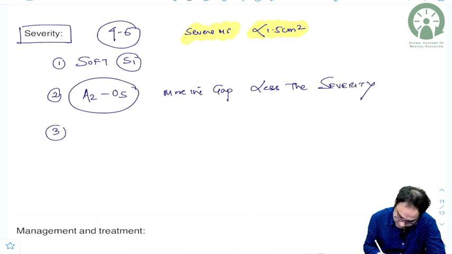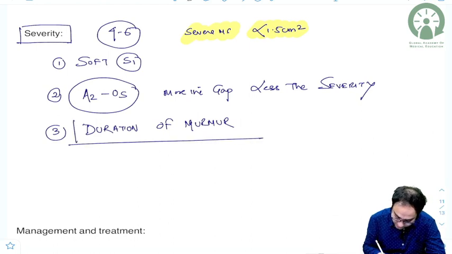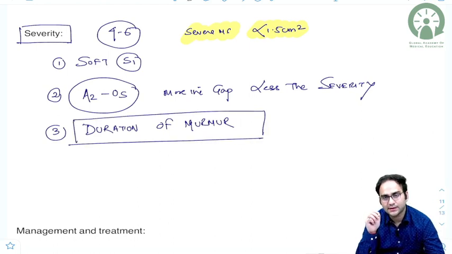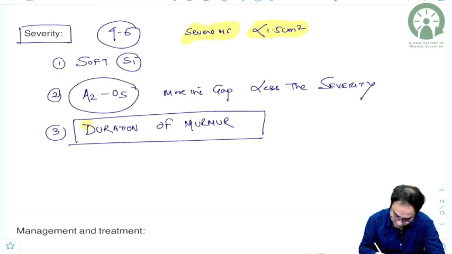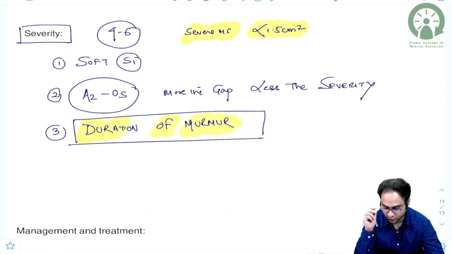And the duration of the murmur. Please remember, it is the duration of the murmur that is important as the severity and not the intensity. So duration of the murmur is basically the marker of severity of MS. Okay.